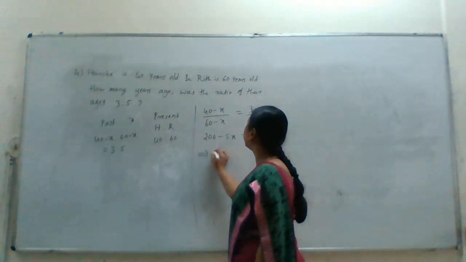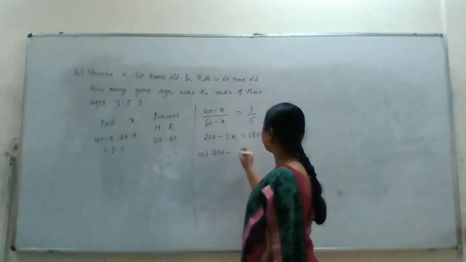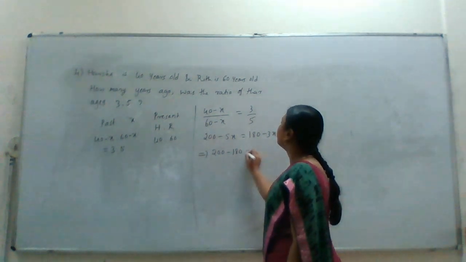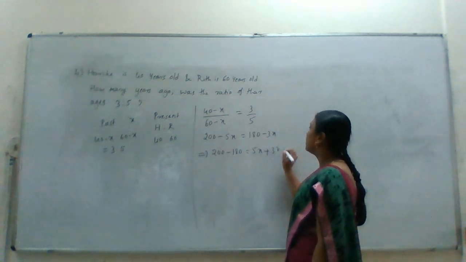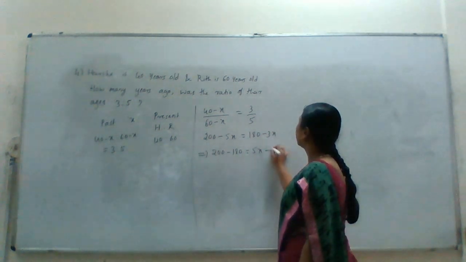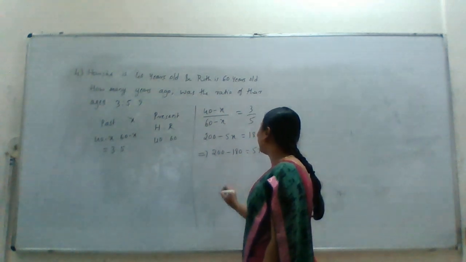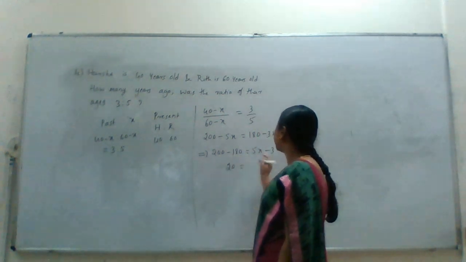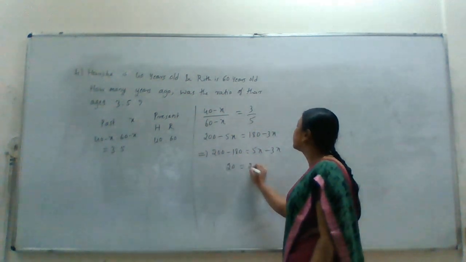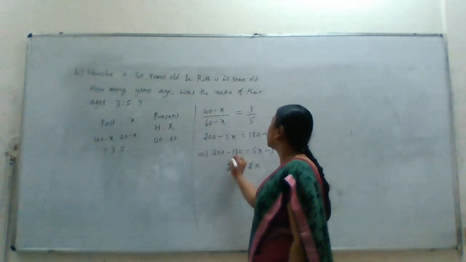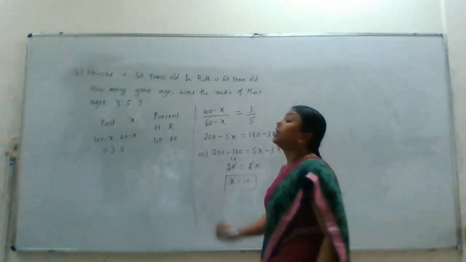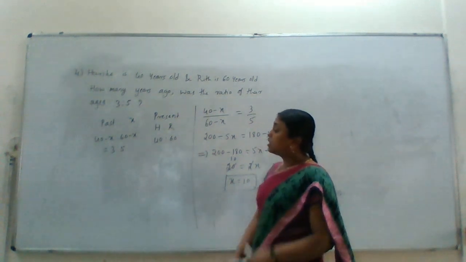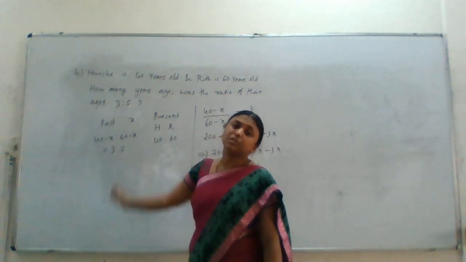So 200 as it is, take 180 to the LHS side, and minus 5x becomes plus 5x, take it to the RHS side, minus 3x. Then 200 minus 180 is 20, is equal to 5x minus 3x, that is 2x. 2 ones are 2, the 10s get cancelled, x is equal to 10. So your answer is what? 10 years ago, their age ratio was 3:5.